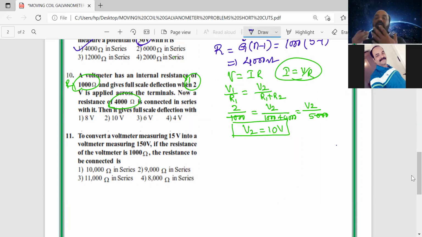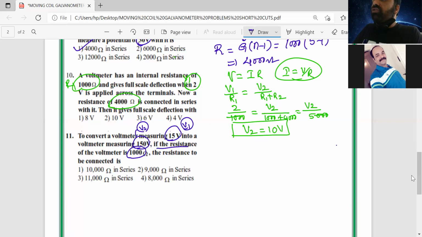Okay guys, now see: to convert a voltmeter measuring 15 volts into one measuring 150 volts, this is V1, this is V2, old voltage and new voltage. If the resistance of the voltmeter is 1000, what resistance should be connected, they ask.